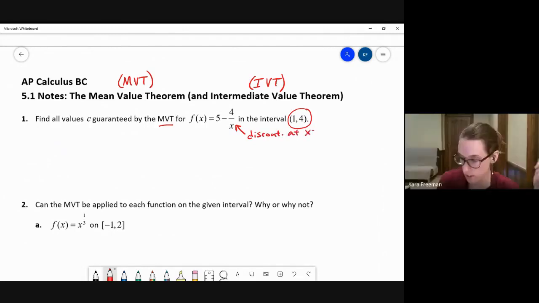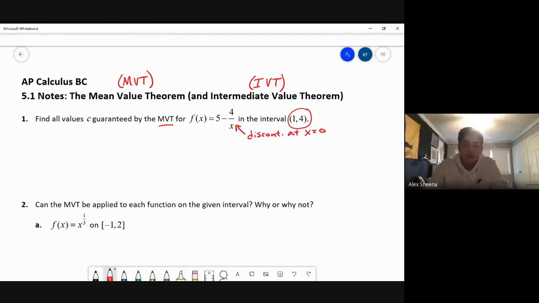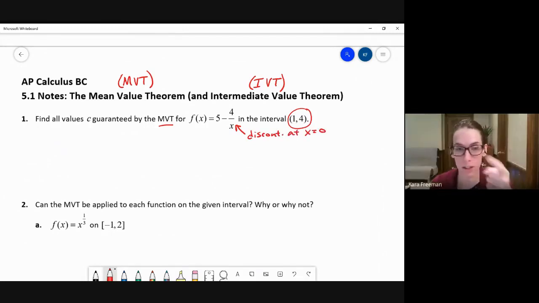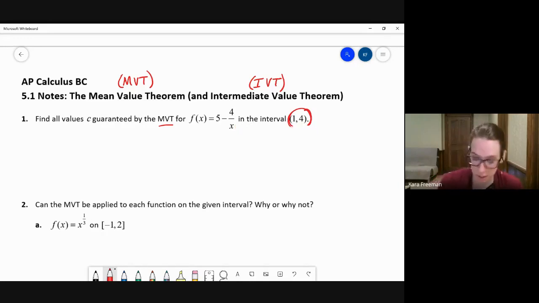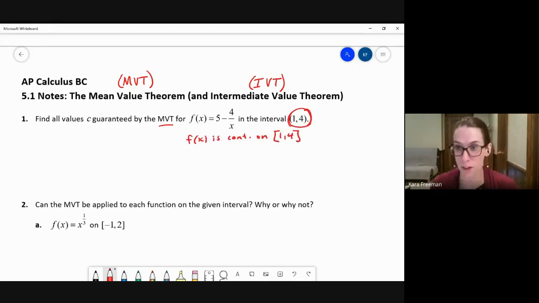It's at 0. However, is 0 in my interval? No. So on the interval from 1 to 4, is this function continuous? Yes. So we can say f of x is continuous on the closed interval from 1 to 4.